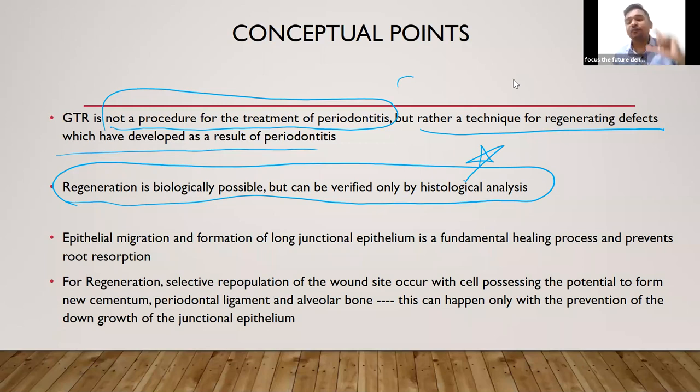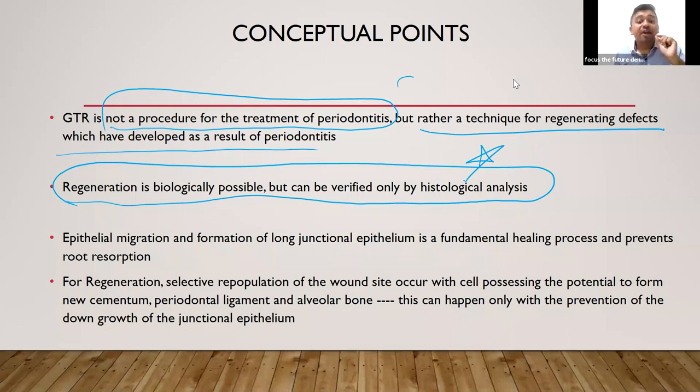Bone formation, yes, you can confirm. Regeneration of periodontal tissues, no, you cannot confirm by IOPA. IOPA will only help you in bone confirmation. Is that clear, Fatima? I hope your doubt is clear now. X-rays will only show bone. You cannot identify cementum and PDL from that. Very good.